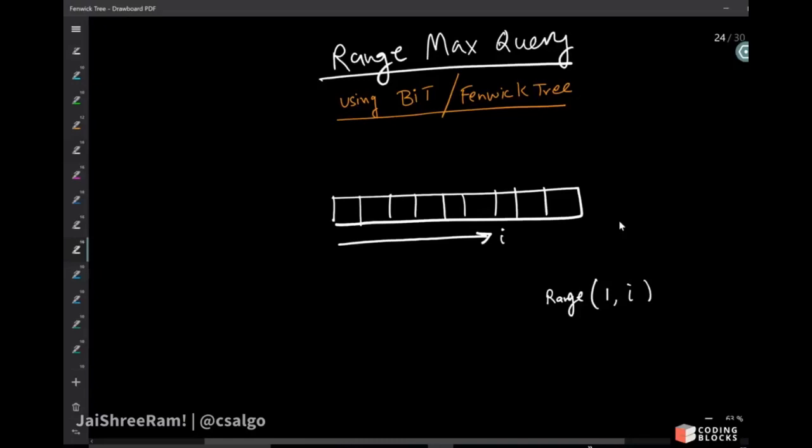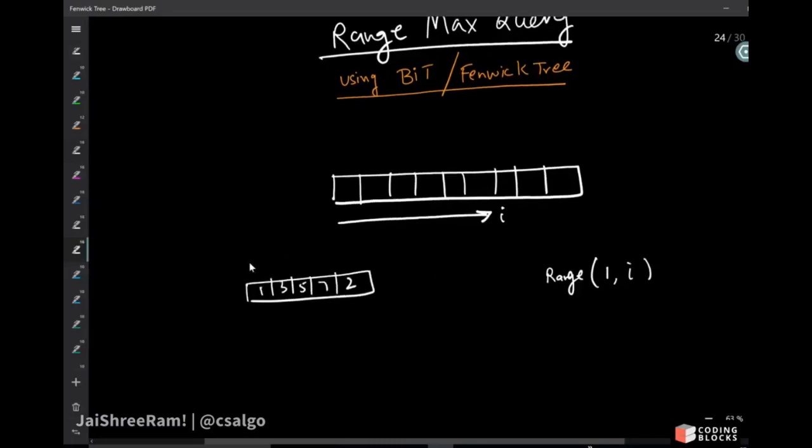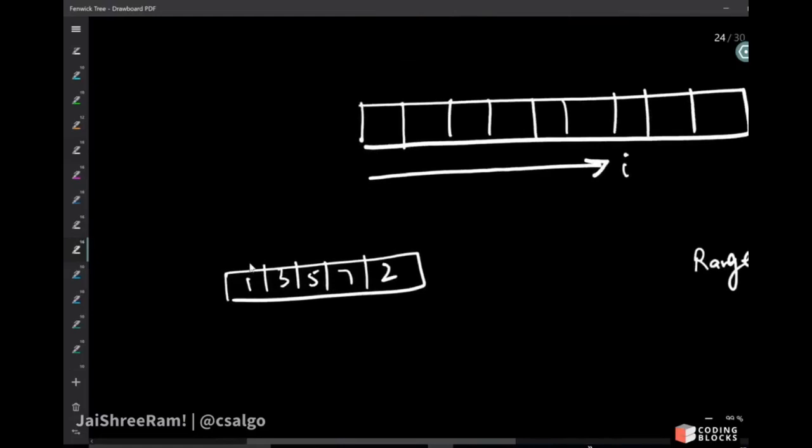So if the elements are like this, 1, 3, 5, 7, 2, and you want to find out the maximum element till this index, it is 5, the maximum element till this index, it is 7, right? So this is what you have to do, and there will be updates as well.